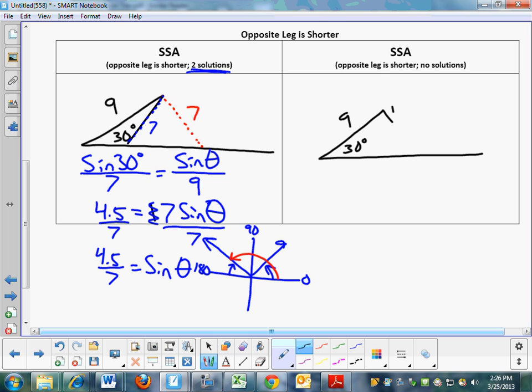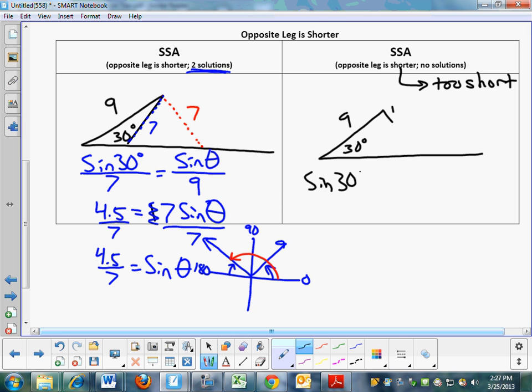It's too short, right? Too short. So if you have an opposite leg that's shorter than the other given side, there's a chance it might be just too short to be able to complete a triangle. And if it's too short, you'll see. Watch. We'll set it up again.